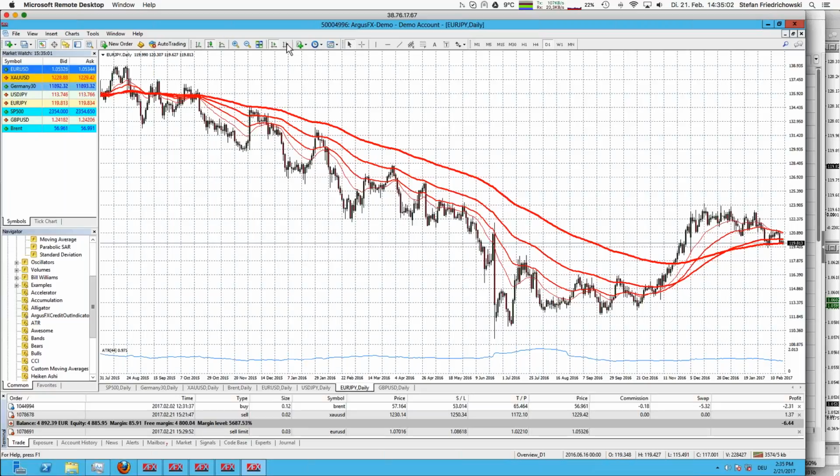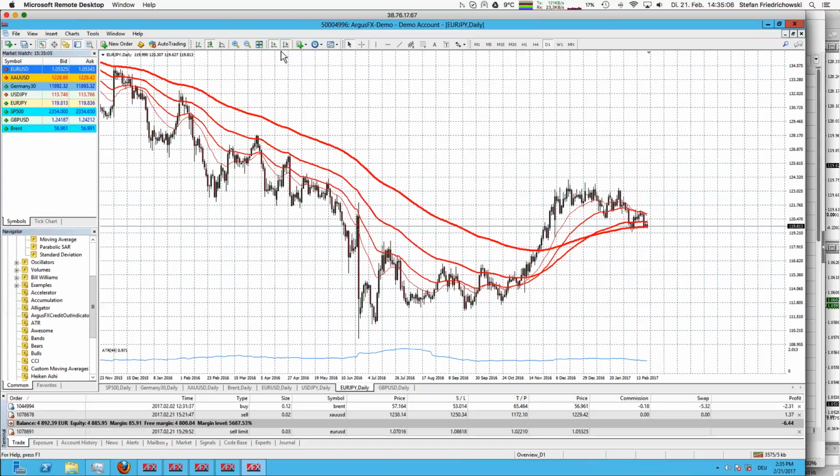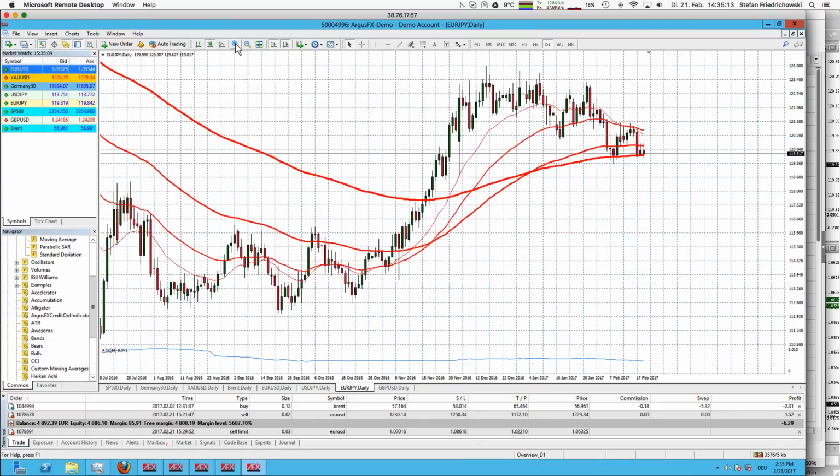So let me draw some lines here as well. A little bit more zoom. So you can see that the slope of the slowest EMA is still slightly positive. So going north here is okay.